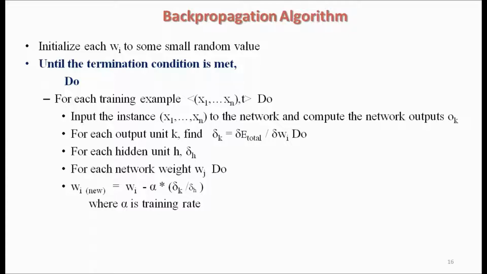For each hidden unit, we find delta H. For each network weight Wj, we find the new value using the delta rule: the old value of the weight minus alpha, the training rate, multiplied by del k or del H. Del k is for the output layer, and del H is for the hidden layer.